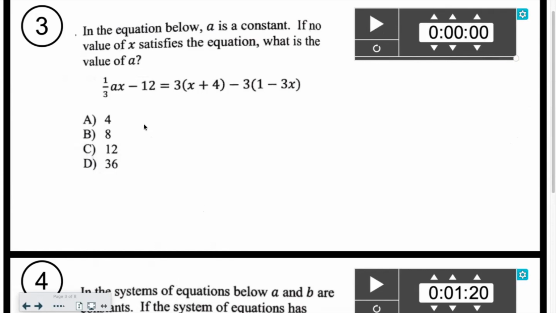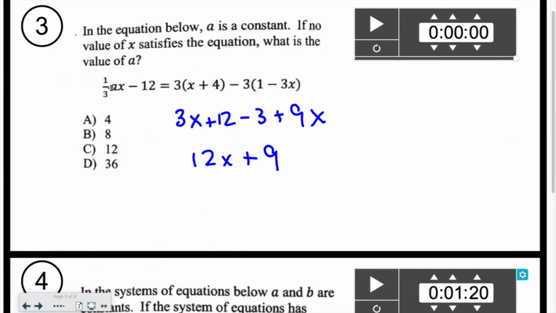Okay, so what I did for this one was I simplified the right side as much as possible. A little bit of distribution: the -3 plus 9x, and then I can combine that to 12x plus 9. Then I match it up here. You could use Desmos for this as well, but if you're doing it this way, what we want is to have no solution.